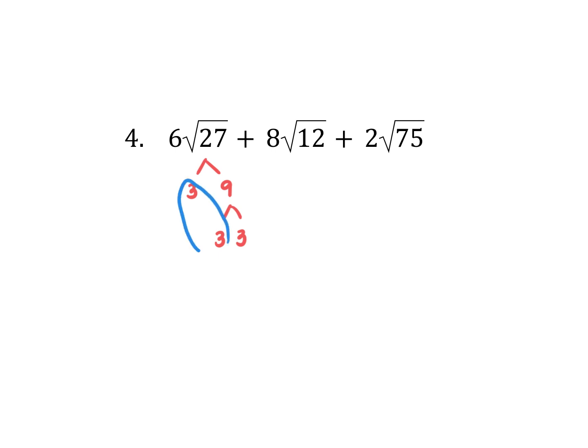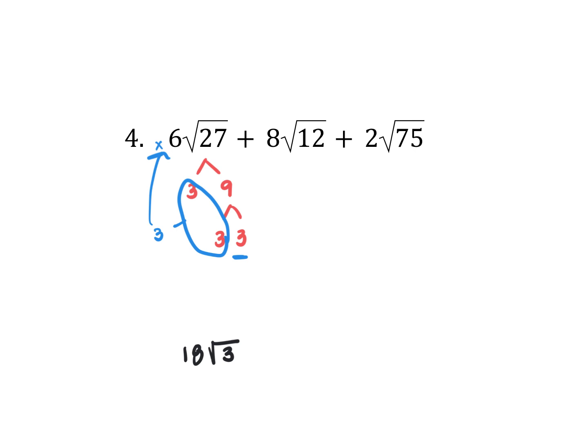So I have this pair of 3s, which are going to come out as 1, 3. And you have to multiply that by what's in front right there. So my 6 square root 27 is now going to become an 18. 3 times 6 gives me that 18. And then I have a square root of that 3 left over.